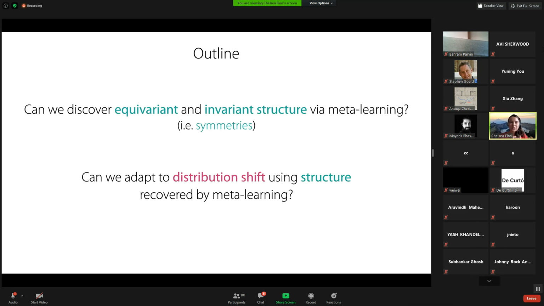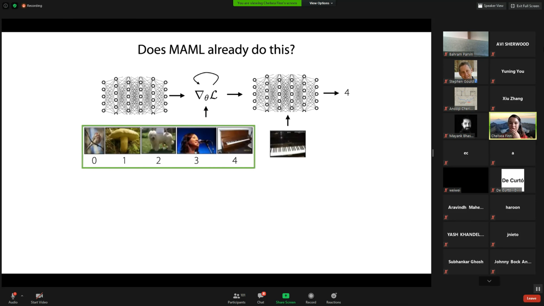Okay, so first let's talk about whether we can discover equivariant and invariant structures via meta-learning. Now, the first natural question here is, does meta-learning already do this? And in particular, does the MAML algorithm, the model-agnostic meta-learning algorithm, already allow you to discover a structure and use that when transferring to new tasks?